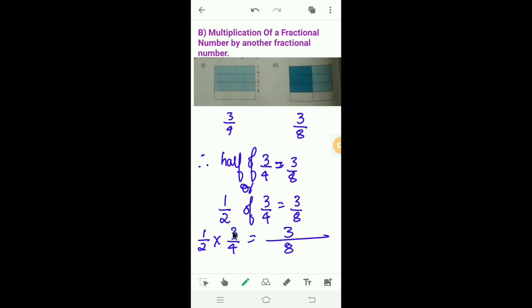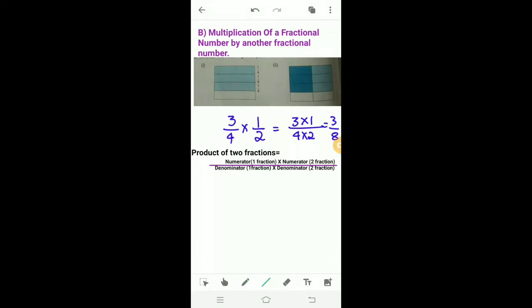The product of two fractional numbers is a fractional number whose numerator is the product of their numerators and whose denominator is the product of their denominators. Here we can observe when we multiply two fractions, then 3 into 1.